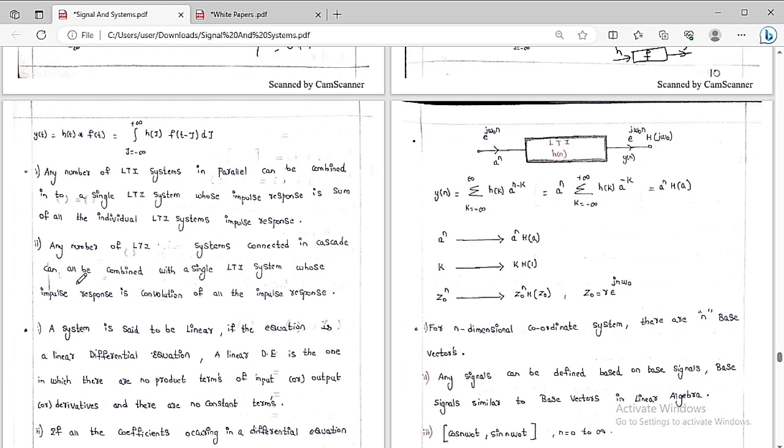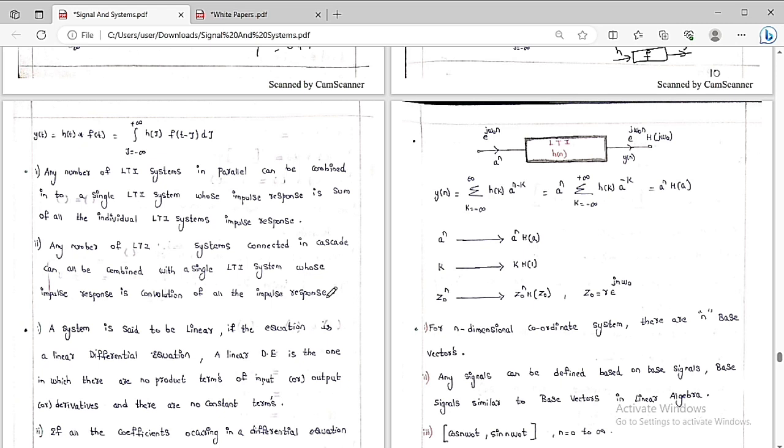The next point is, any number of LTI systems in cascade can be combined into a single LTI system whose impulse response is the convolution of all the impulse responses. Suppose we have many LTI systems in cascade, then the overall system will have an impulse response which is the convolution of each individual LTI system's impulse response.